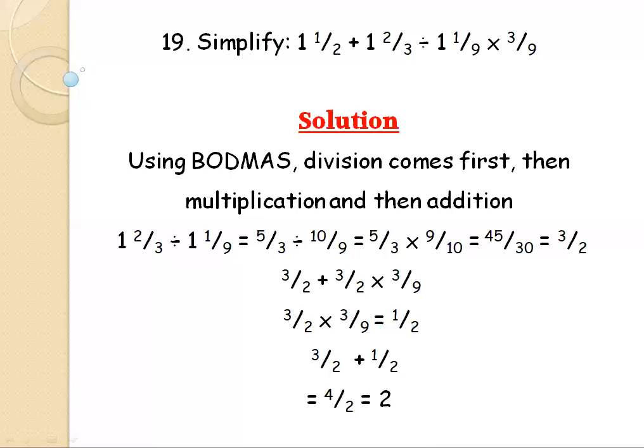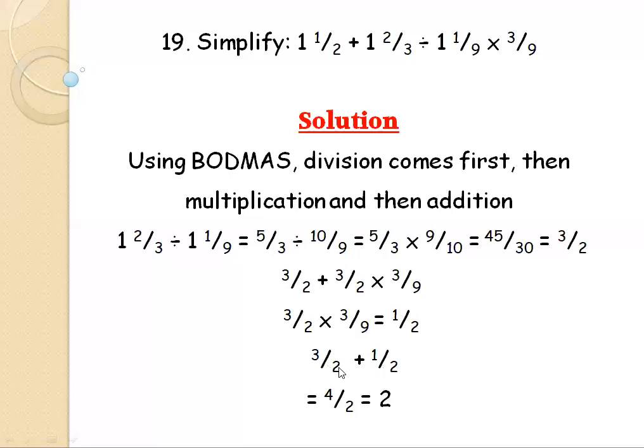So the next thing is to bring this 1 over 2 into this equation. I have 3 over 2, I've done this multiplication and the answer is 1 over 2. So I will say 3 over 2 plus 1 over 2. Because they have the same denominator, it should be easy for me to add.